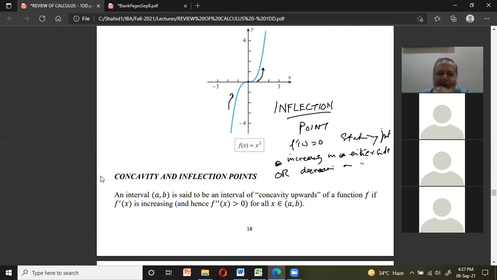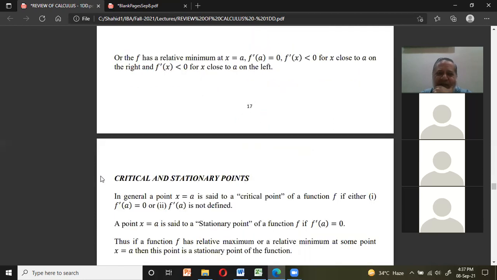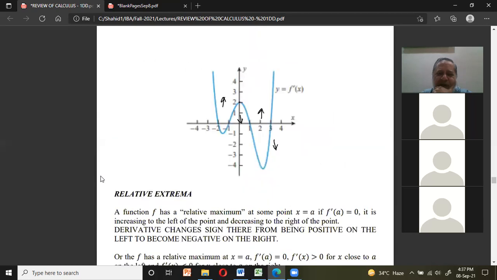Let us look at the previous graph. We don't have such a situation here. The function changes its nature from being increasing to decreasing, and we have stationary points.